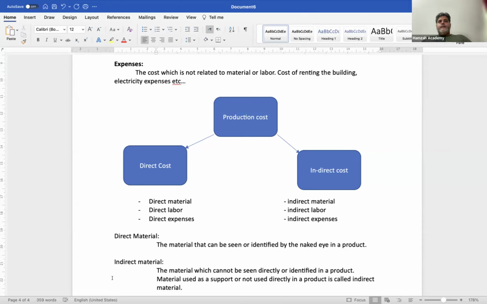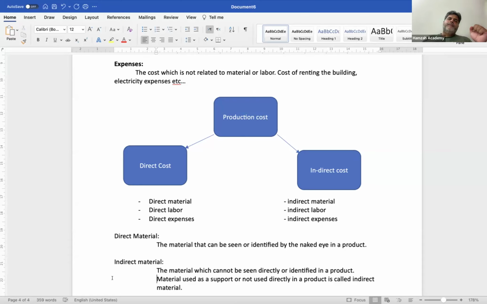Like, for example, I simply give you an example. Look, you guys are sitting on a chair, right? If you look at the chair, the composition of the office chair, we have the frame, then we have the seat, and then we have the back as well. Now, if we look at the seat, we have a cloth over there on the back side as well. Then we have the armrests as well. If I simply look at the seat, I can identify the cloth, the foam in it.